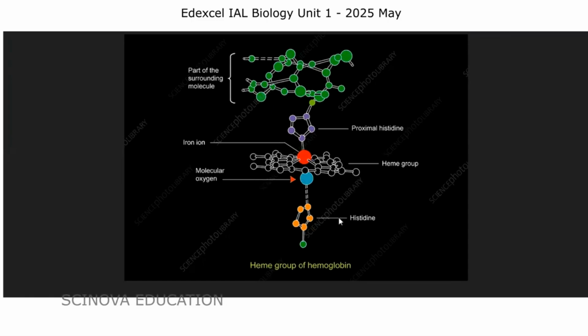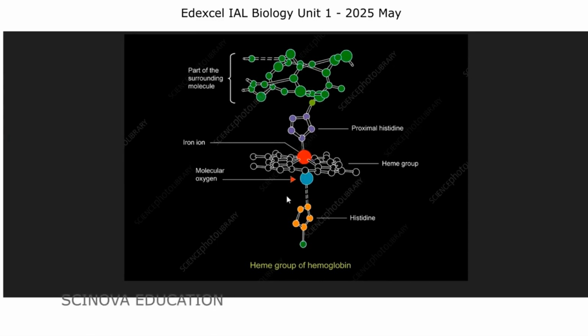So the heme group consists of this porphyrin ring, and in the center you have an iron which is in a coordination complex with nitrogens in the porphyrin ring, 4 nitrogens from the porphyrin ring, and 1 nitrogen from the proximal histidine, which is a part of the globin protein.